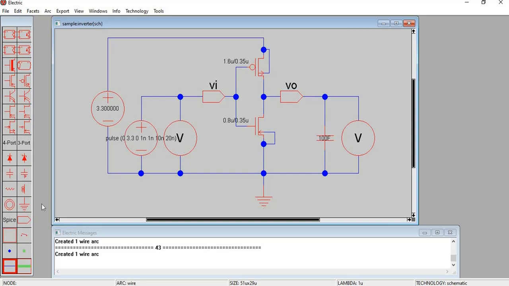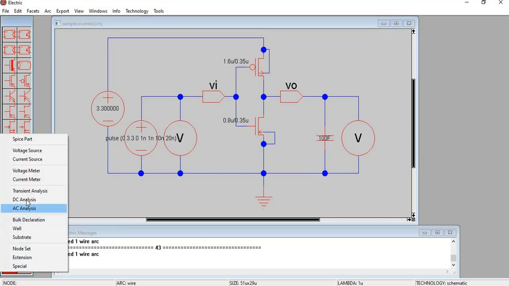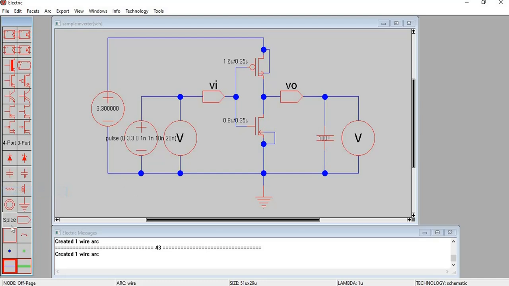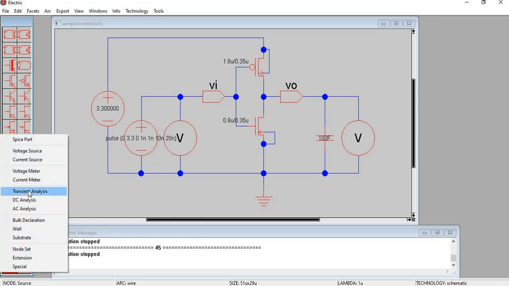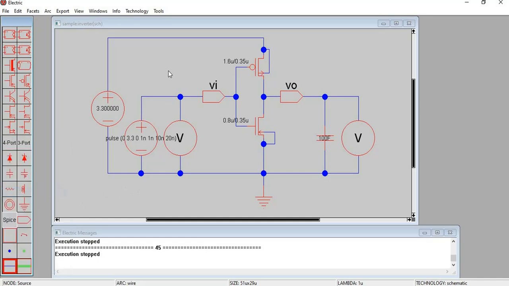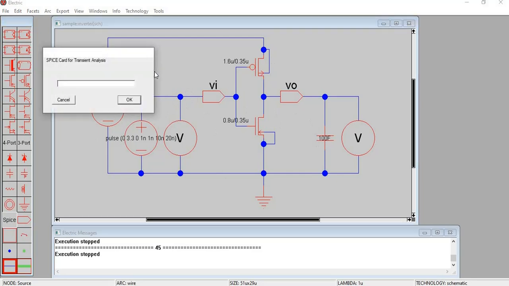If you use pulse, then we're going to use transient analysis. So from SPICE, transient analysis, left click, then left click on any point on your workspace, and you're going to enter certain values. For our case, just type 1P.